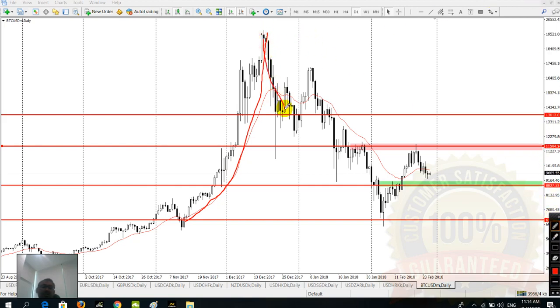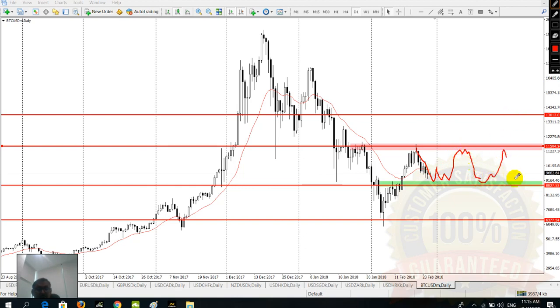And sellers' profit taking took place, and 13,000 became the resistance key level, and it broke down to $11,000, almost $12,000, then ranged here, broke down to 6,000, and broke above the 8,000 level, almost 9,000, and it's ranging now.